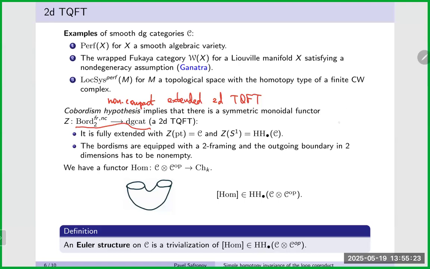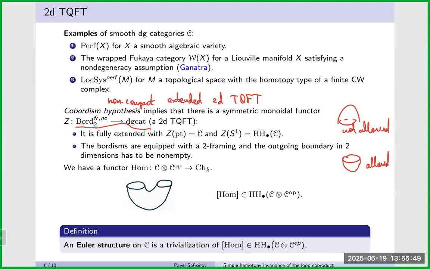So for instance, this picture is not allowed, because you have an empty outgoing boundary, but this picture is allowed. So you have to have a non-empty outgoing boundary. So these are called non-compact 2D TQFTs.